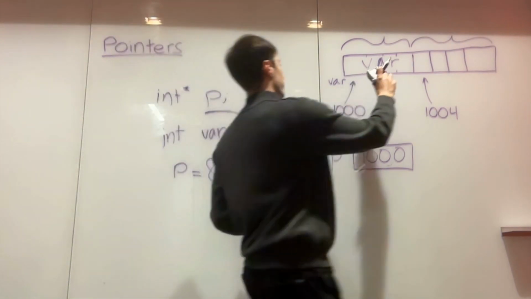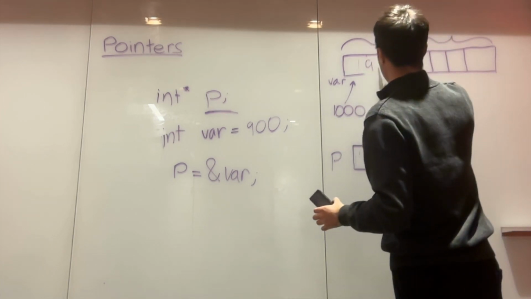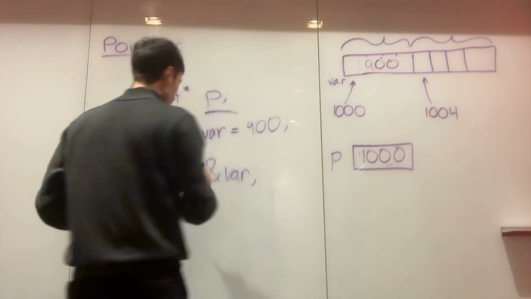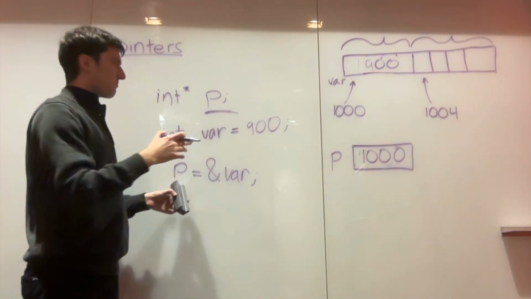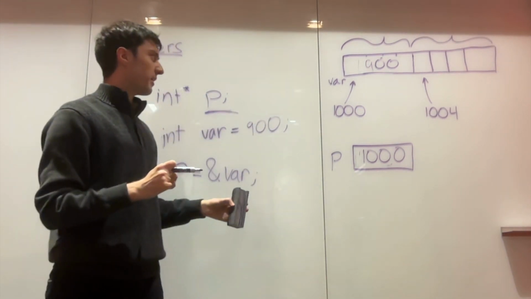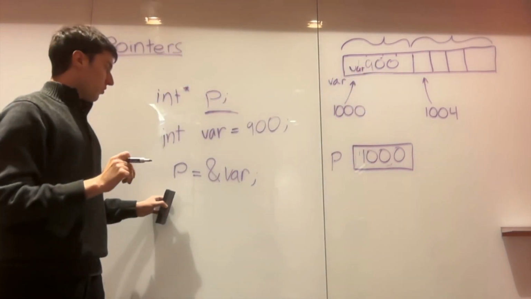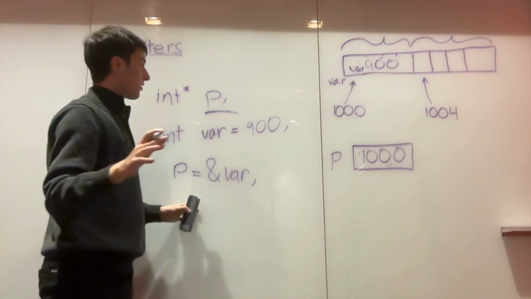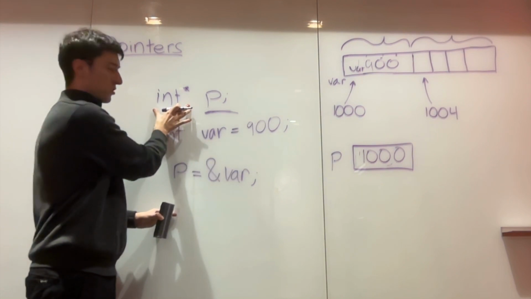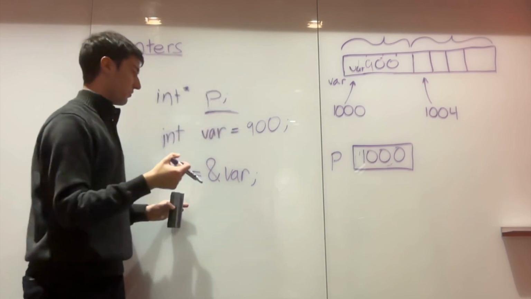All right, so now what is a way that we can actually get what var is? We assign 900 in here, right? So, okay, 900. All right, there's 900. So how do I actually get that 900 and maybe even change var, right? Well, that's where that star operator comes in. So when you see a declaration with the star, that means a special kind of variable, which is a pointer variable.